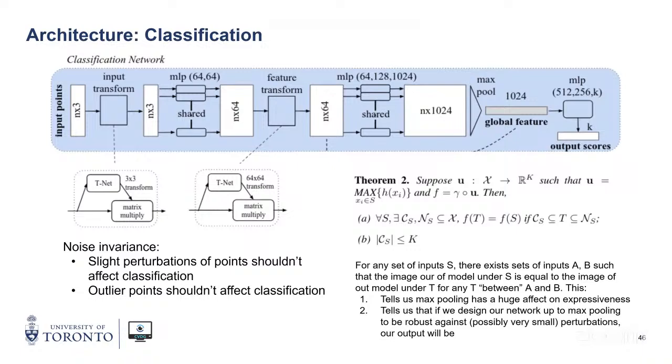There are still some problems and some things that we can't totally prove in the paper, like this invariance to noise. These slight perturbations are saying that, ideally, if we have some set and I start removing a couple of points, I should get exactly the same output, like we just saw.